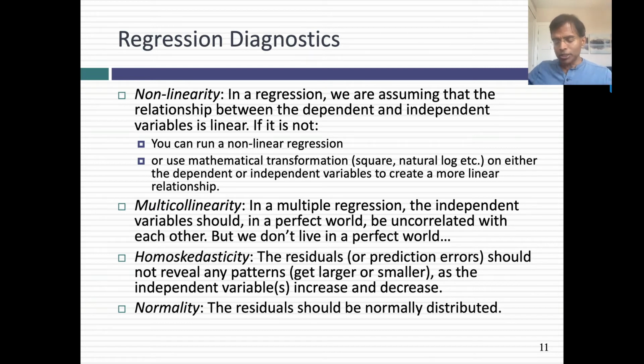So in other words, as I change my independent variable and look at my prediction mistakes, there should be no pattern. They shouldn't get larger as the independent variable gets larger or smaller. They should basically fall kind of randomly on either side of the line. That's in a good regression. If I violate that rule, then I can have a problem with my regression.